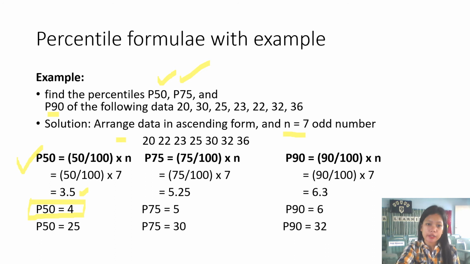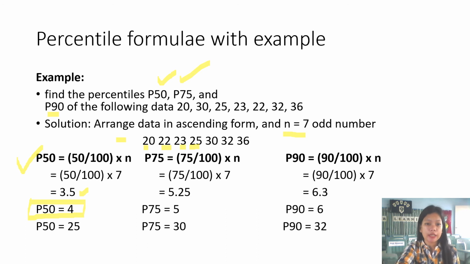So in other words, from the first data, which is 20, we have to count 1 to 4. So 1, 2, 3, 4. So the 4th data is 25. So in other words, 25 and below are the 50th percentile.